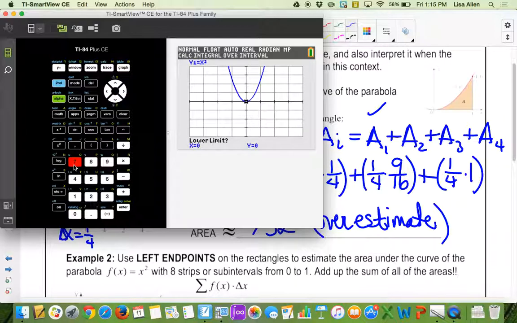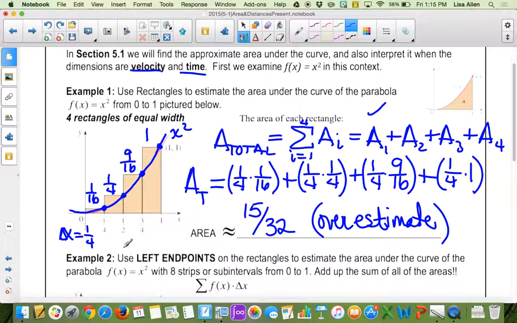The lower limit would be the lowest x value under the graph. It would be 0. The upper limit would be 1. So we would get the area as 0.33, or 1/3. So the actual area is equal to 1/3 if you consider only the area that's underneath the curve.